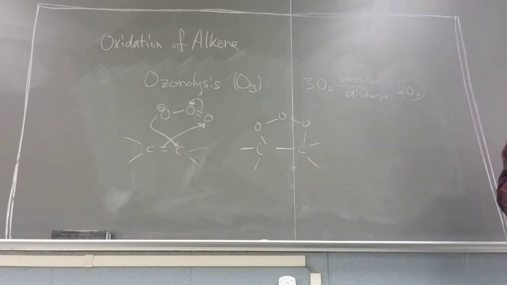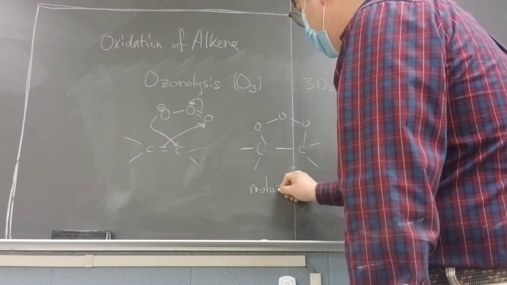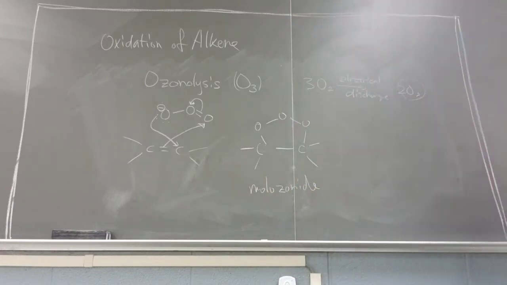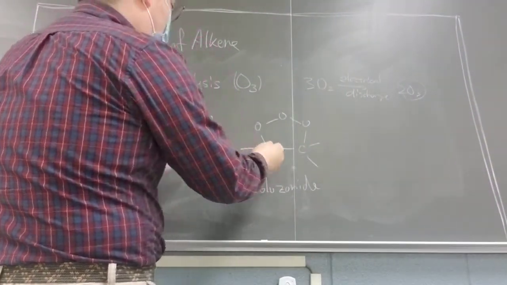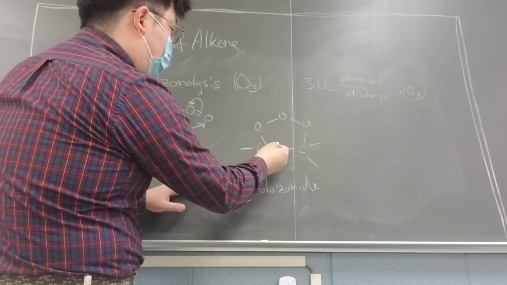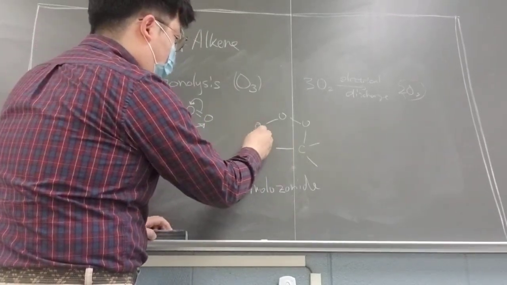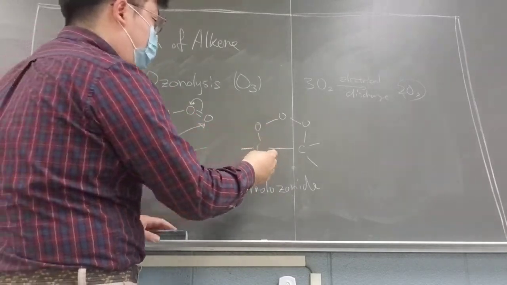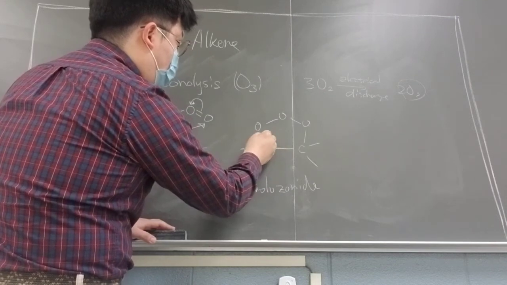We call this the molozonide. Then this is a kind of long step, so you can listen carefully, but please focus on the final product. So this goes to there.